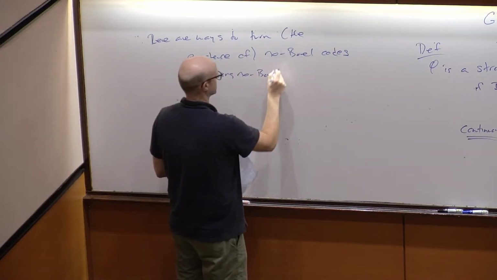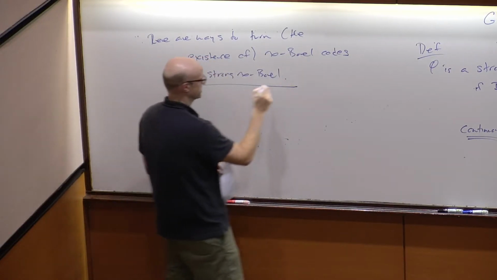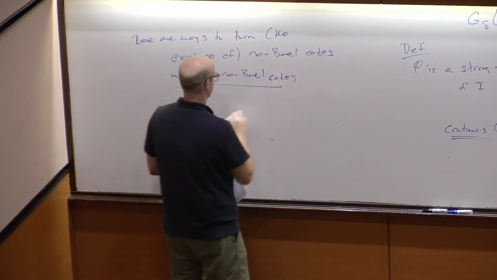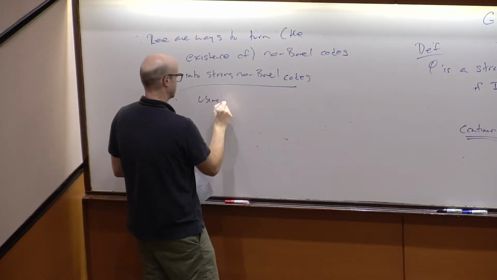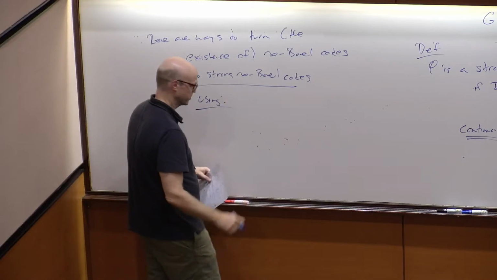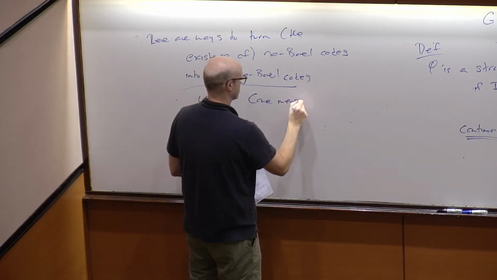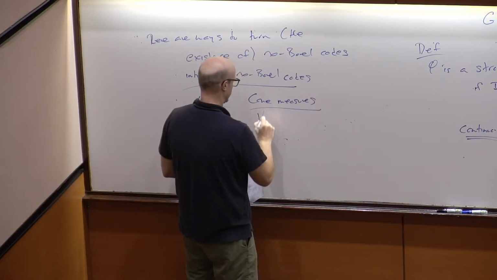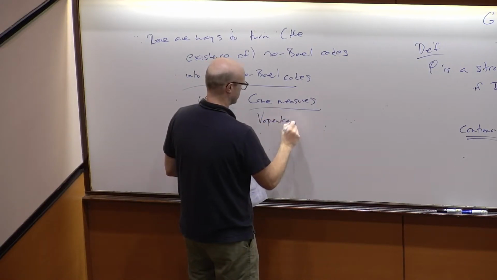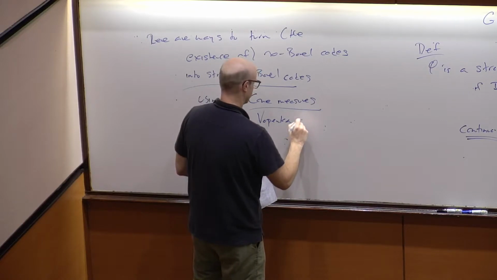So there are ways that work in certain situations, codes that is, using the two topics we have yet to introduce. One is cone measures, the Turing measure. And the other thing is the Vopenka algebra, which I haven't mentioned yet at all.